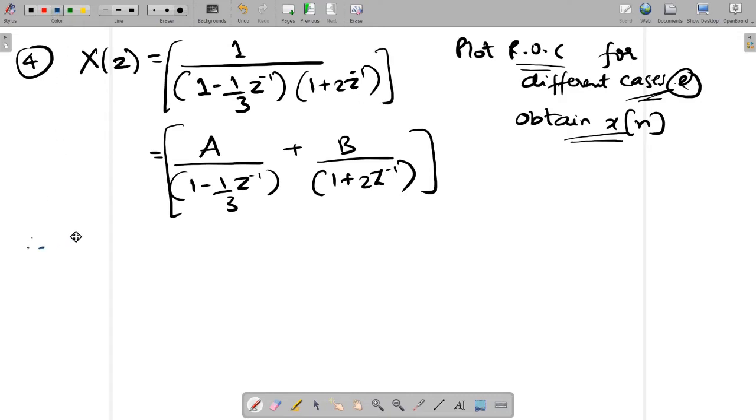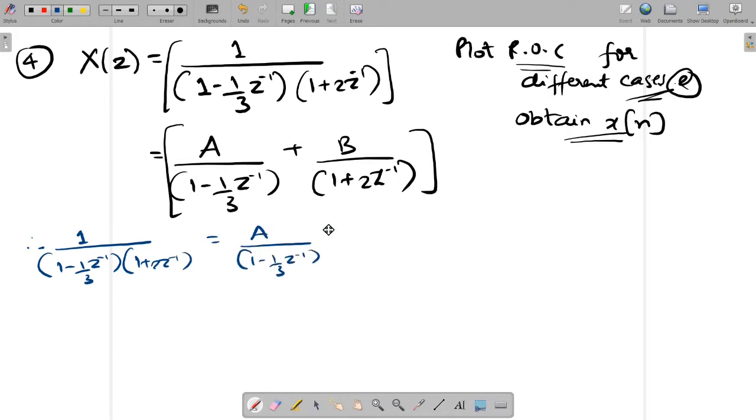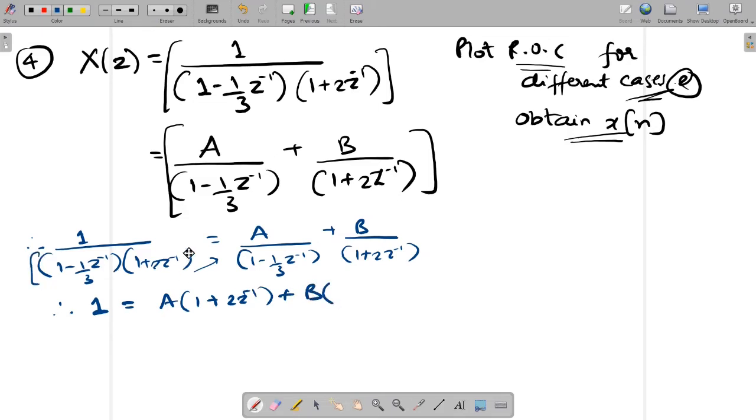Therefore, 1 upon 1 minus 1 by 3 z inverse into 1 plus 2 z inverse is equal to a upon 1 minus 1 by 3 z inverse plus b upon 1 plus 2 z inverse. Therefore, I will say 1 is equal to, I will just cross multiply, a into 1 plus 2 z inverse plus b into 1 minus 1 by 3 z inverse.